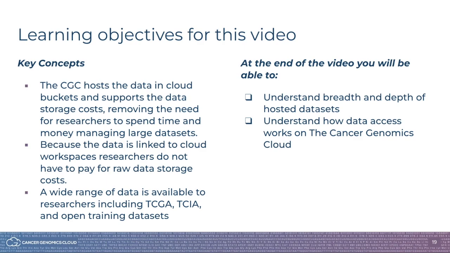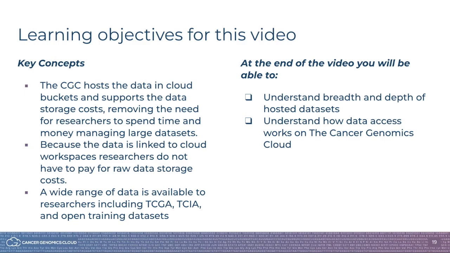While watching this video, please keep in mind 3 key concepts. The first is that the Cancer Genomics Cloud hosts the data in the ecosystem in cloud buckets and supports all the data storage costs. Because the study data is not moved, but only symbolically linked, researchers do not need to spend time moving data or paying additional storage or egress costs.